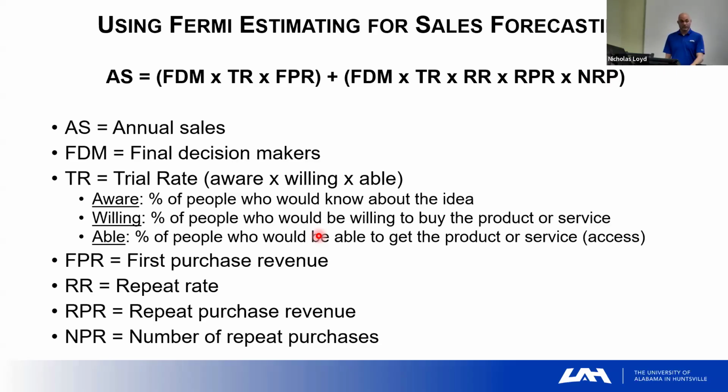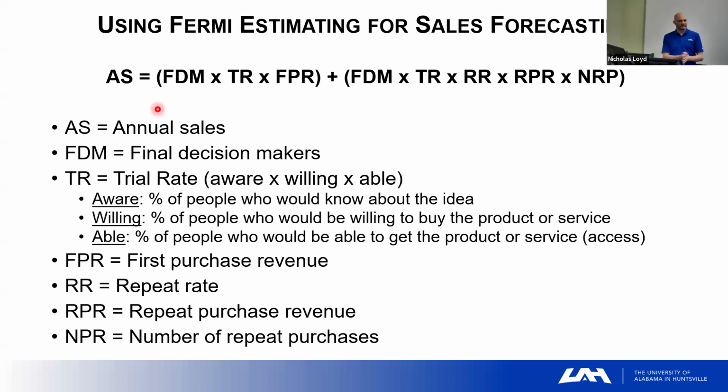So how you can use it to do some fairly quick estimations to assess the viability of your product is this formula for sales forecasting for maybe the first year of annual sales. And so I'll give you the cheat code here. So FDM is final decision makers.